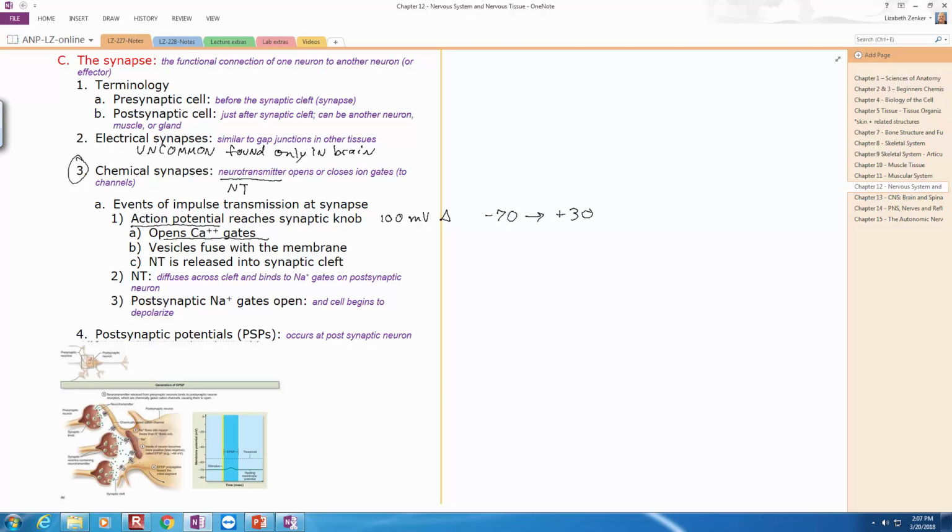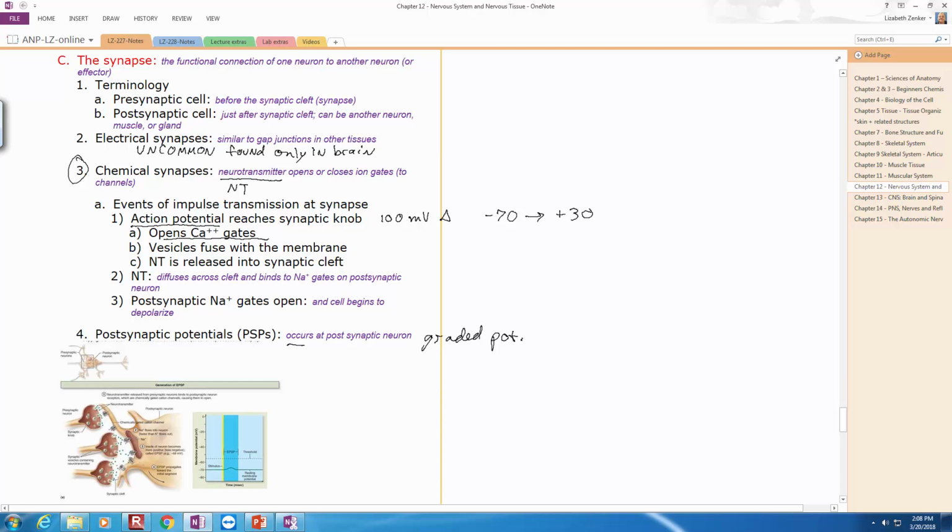If it's small little things, it'd be graded potentials. If you get enough graded potentials, you'll get an action potential if you hit negative 55. Okay, so then it says postsynaptic potentials or PSPs occur at the postsynaptic neuron. That's why it's called PSP, and these are graded potentials. Lots of little ones until you get your actual action potential.